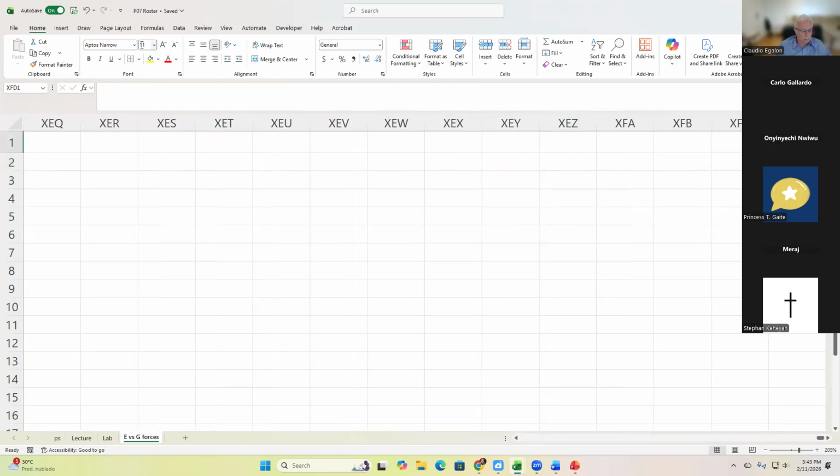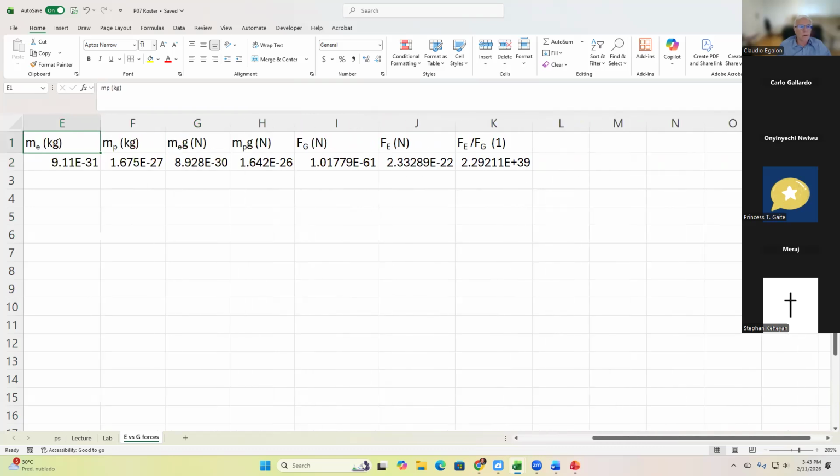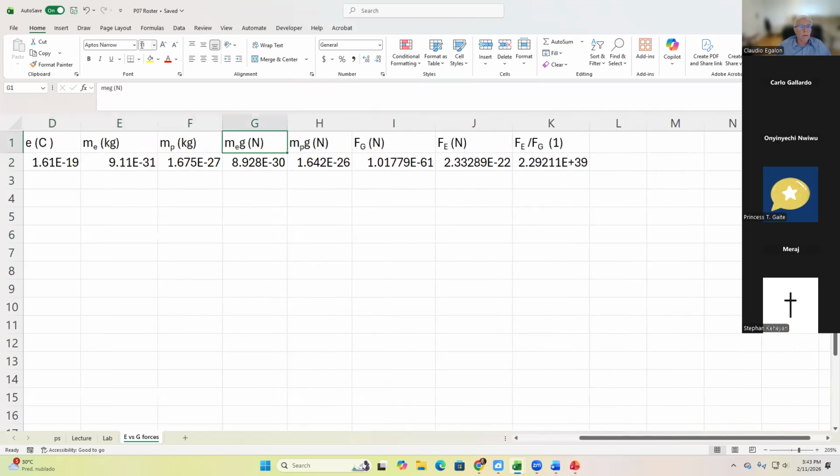Oops, I did something I'm not supposed to do. Compare, right? The weight of the electron is much smaller than the weight of the proton because the proton is heavier, about 1,800 times heavier, right?